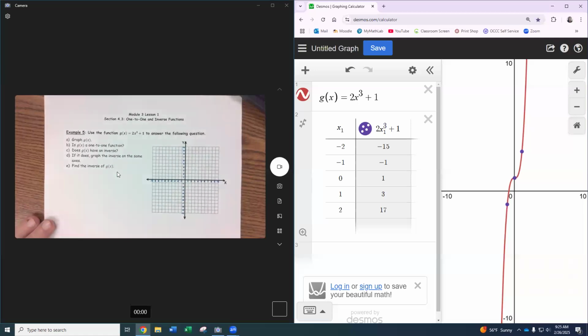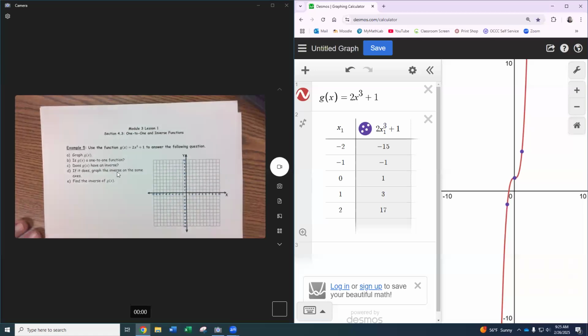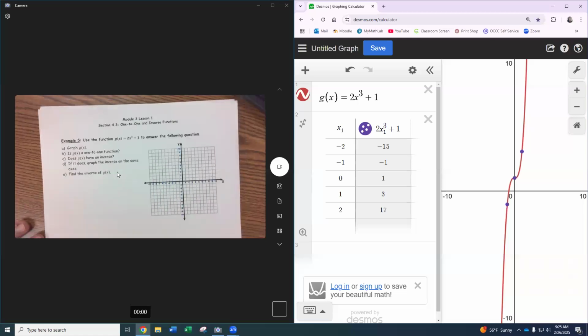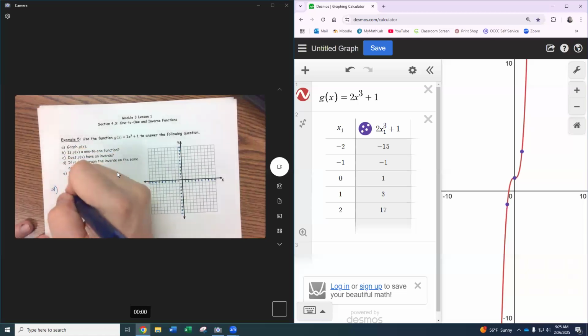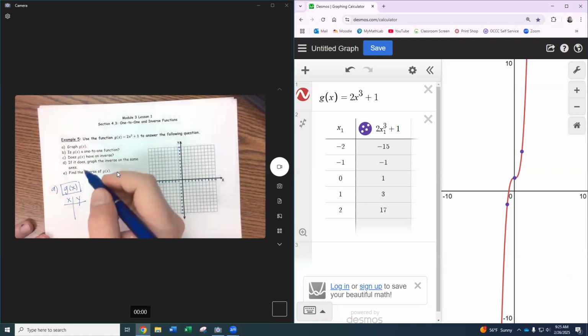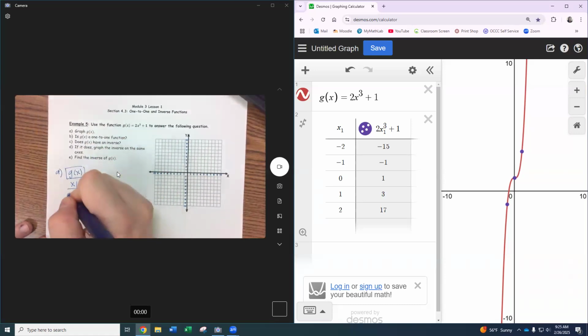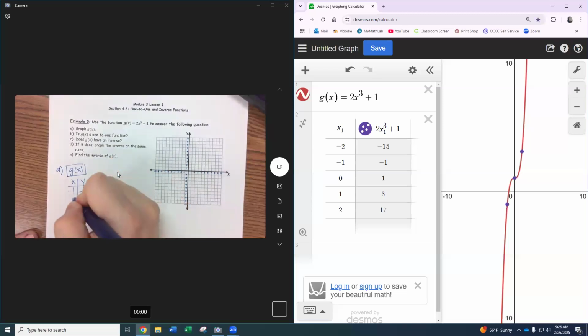So on here, for part A, graphing g of x, my g of x, and I do my x, y column, we can fit -1, -1 on my graph, 0, 1, and 1, 3.